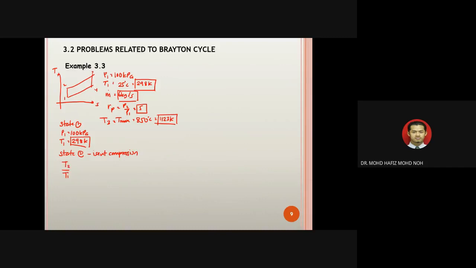T2 over T1 equal to P2 over P1 to the power of k minus 1 over k, which is also equal to Rp to the power of k minus 1 over k. So T2 is equal to T1, which is 298, times Rp, which is 5, to the power of 1.4 minus 1 divided by 1.4. And you get the value of T2 equal to 471.978.